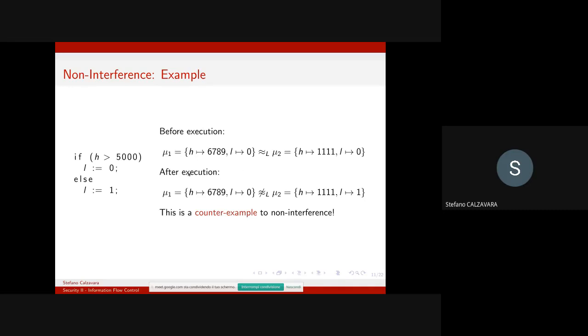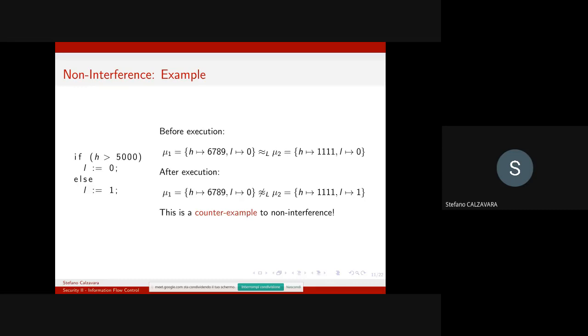However, after we execute this program, what we get are two new memories. Sorry, there's a typo here, should be mu1 prime and mu2 prime. We get two memories which instead are not low equivalent anymore. In particular, in the first memory, we will have the variable L, which is bound to 0, and in the second memory, we will have the variable L, which is bound to 1.